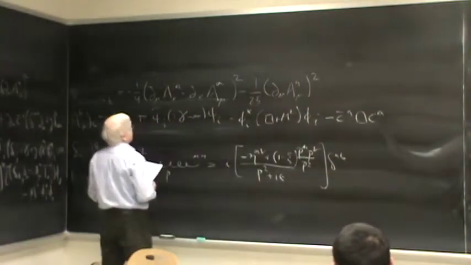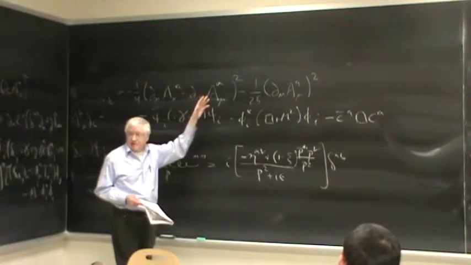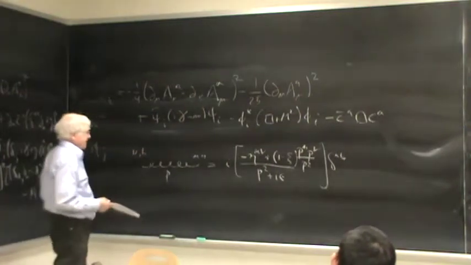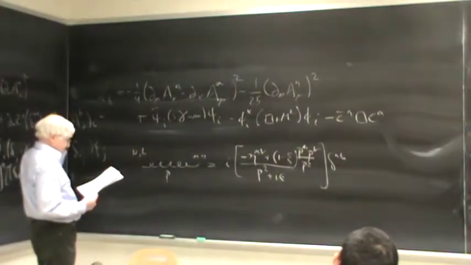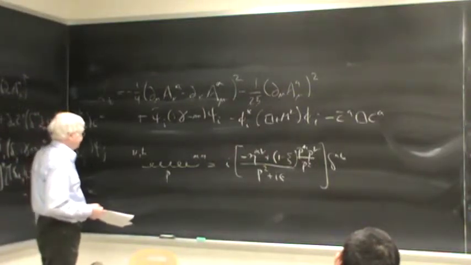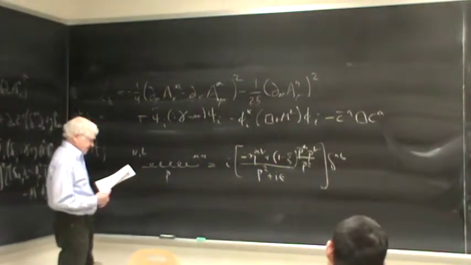And of course, that's because this is just A A squared, basically. It's not A A times an A B. And so that means that the color doesn't change as the propagator goes across.